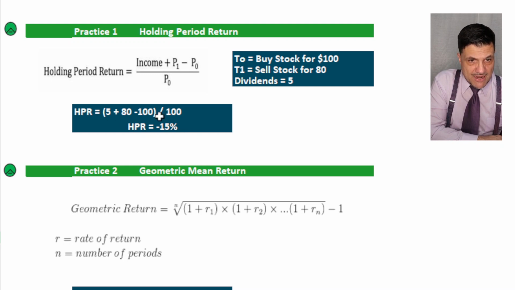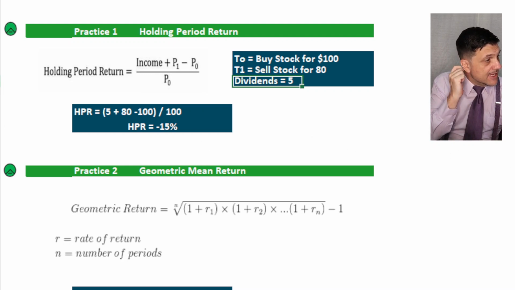All right, so in my example here, you purchased the stock for 100, you sold for 80, and you made 5 in dividends. So add the dividends to how much you sold the stock for, subtract how much you purchased it for, and your return is negative 15%. Now, we don't know for how long this was, but let's say it was for 5 years.